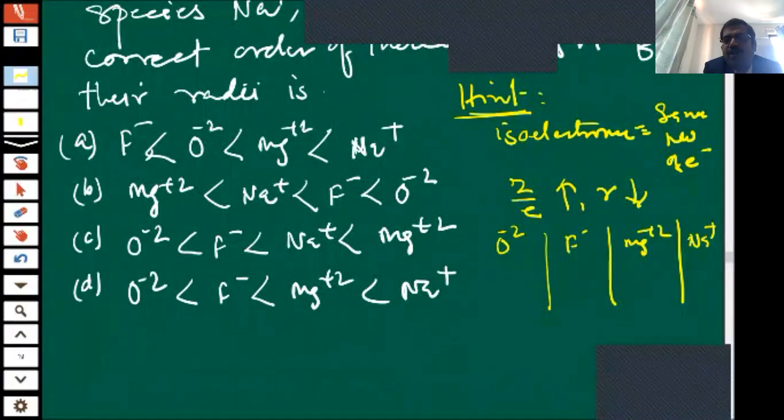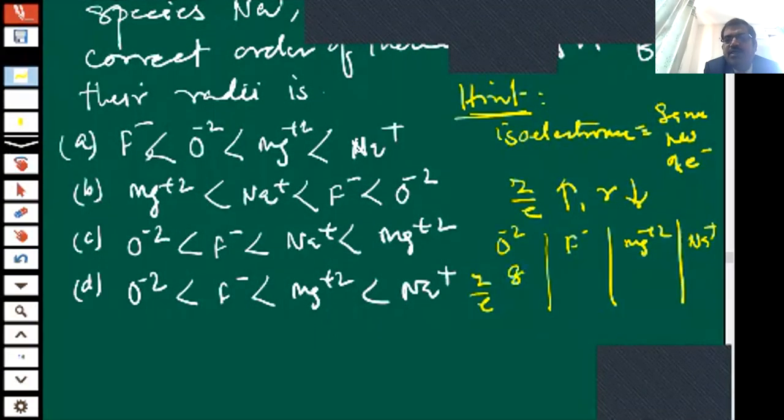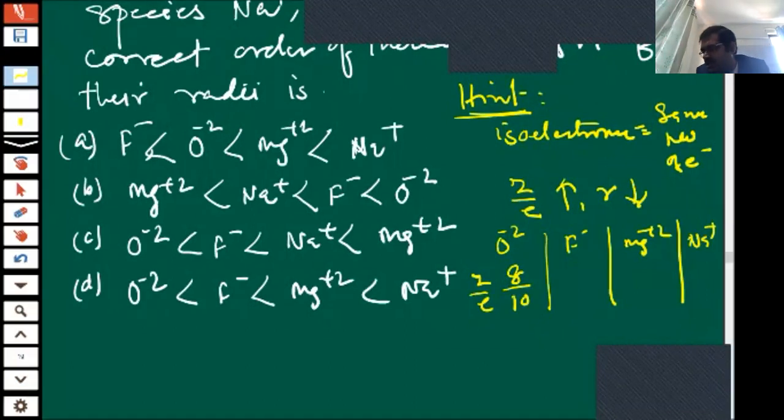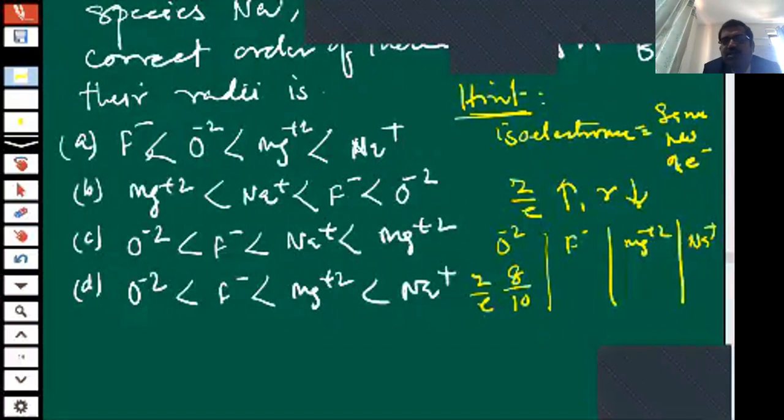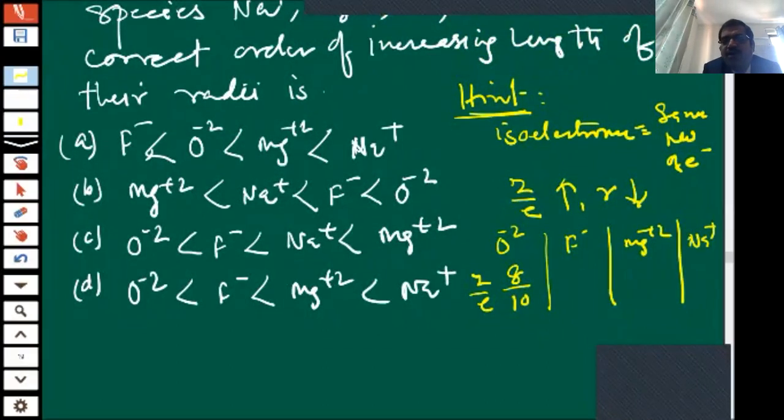So what is the Z value? Z by e: for oxygen, Z is 8 and the number of electrons is 10. For F-, Z is 9 and electrons is 10. And those who don't know how to calculate electrons, please take care of it.